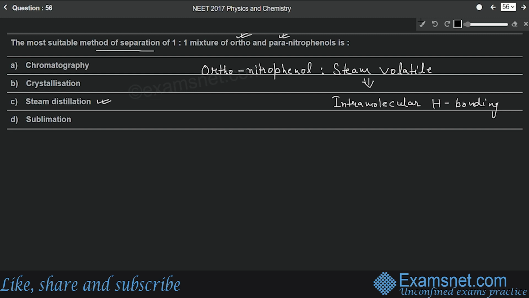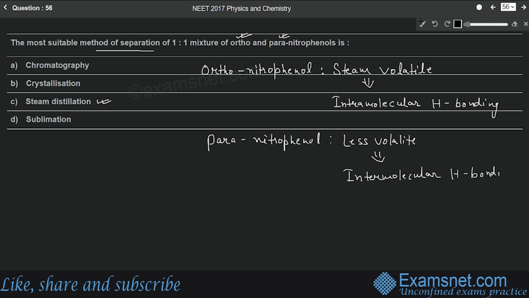Okay, then the next type, that is para nitrophenol, is less volatile, and the reason is the presence of intermolecular hydrogen bonding.